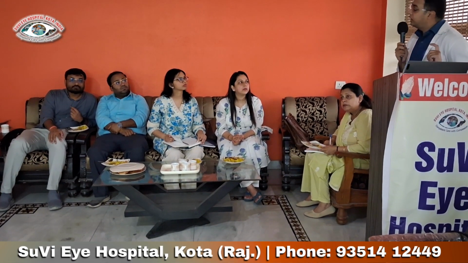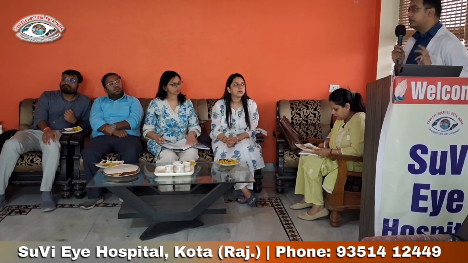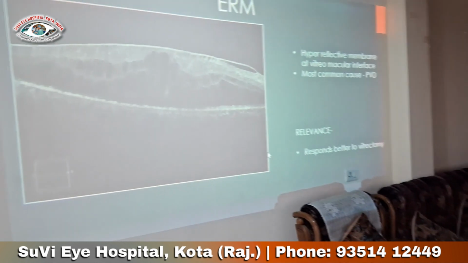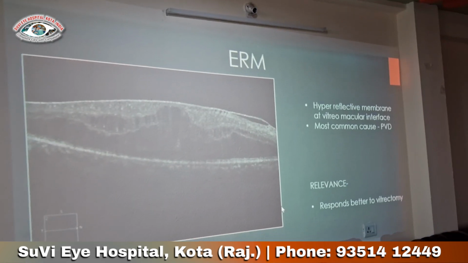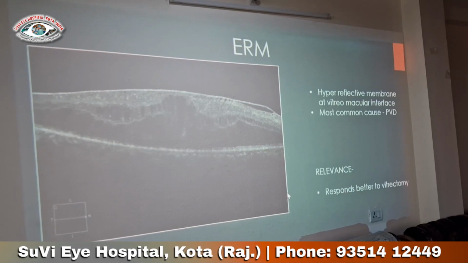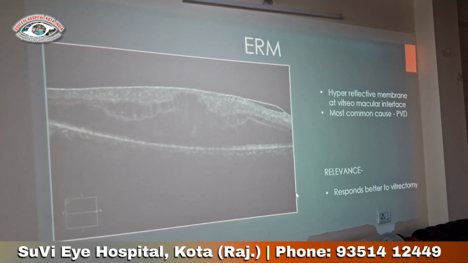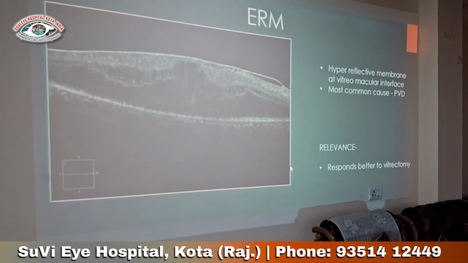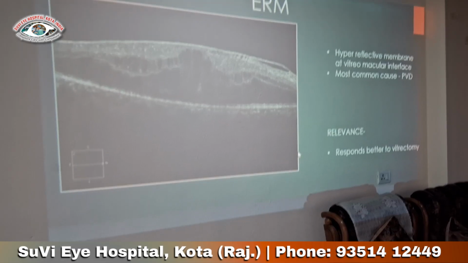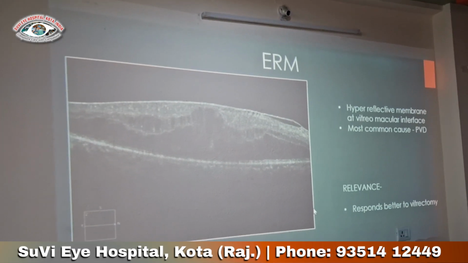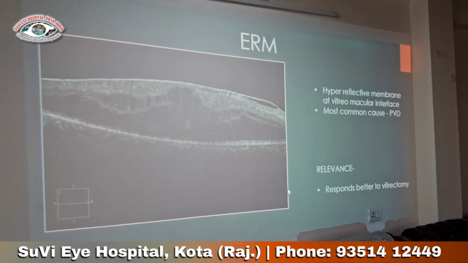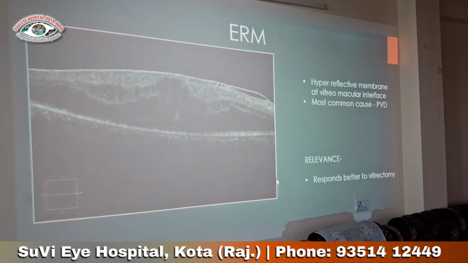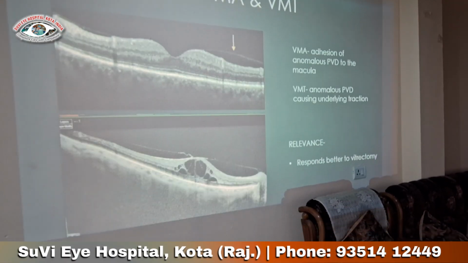It is called ectopic inner foveal layers. Because of the anterior, posterior and tangential traction of the ERM on the inner retinal layers, the inner foveal layers are a little elevated and this ectopia happens. There is a grade 1 to 4 for ectopic inner foveal layers, and the grade is basically regarding the prognosis, which responds better to vitrectomy.